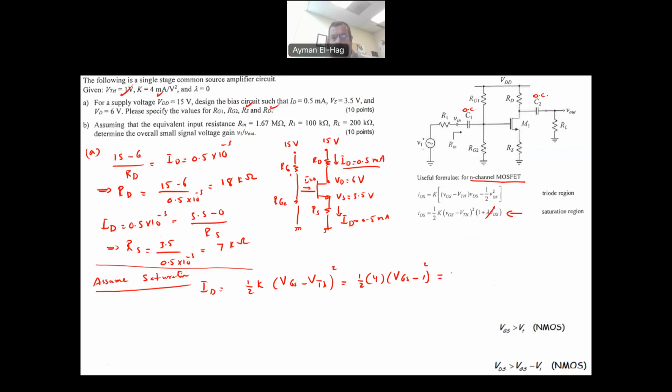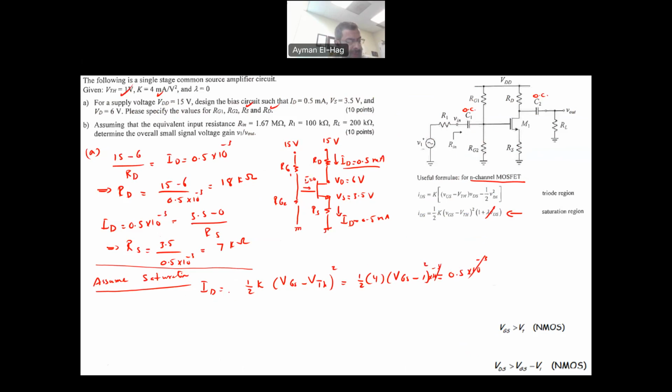And this is equal to 0.5 times 10 to the minus 3. This is basically your current. Now, as I mentioned before, K is also in milliamps, so it will have 10 to the minus 3 here also, and these 10 to the minus 3 will cancel with each other.